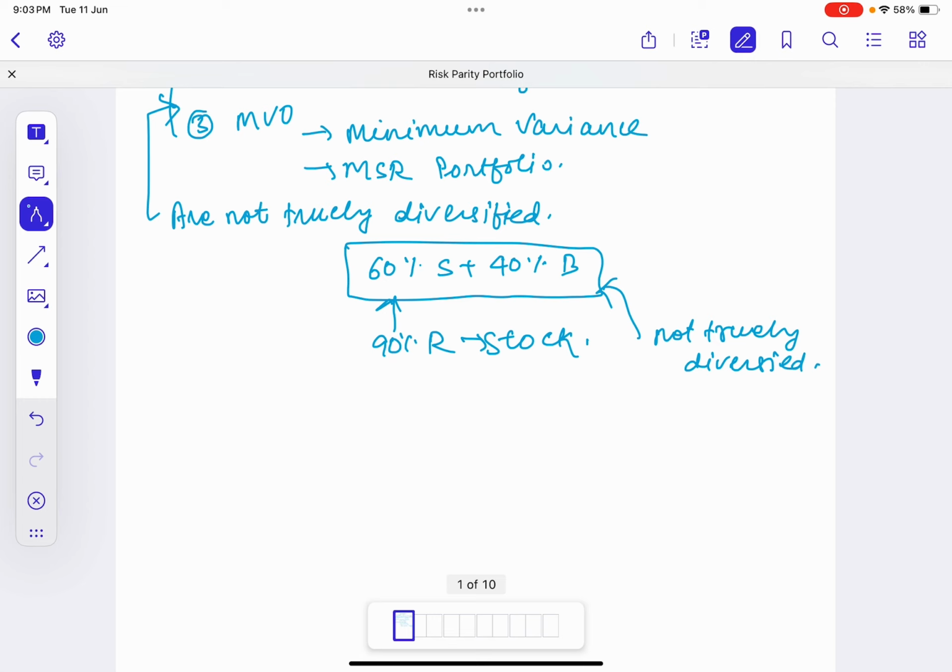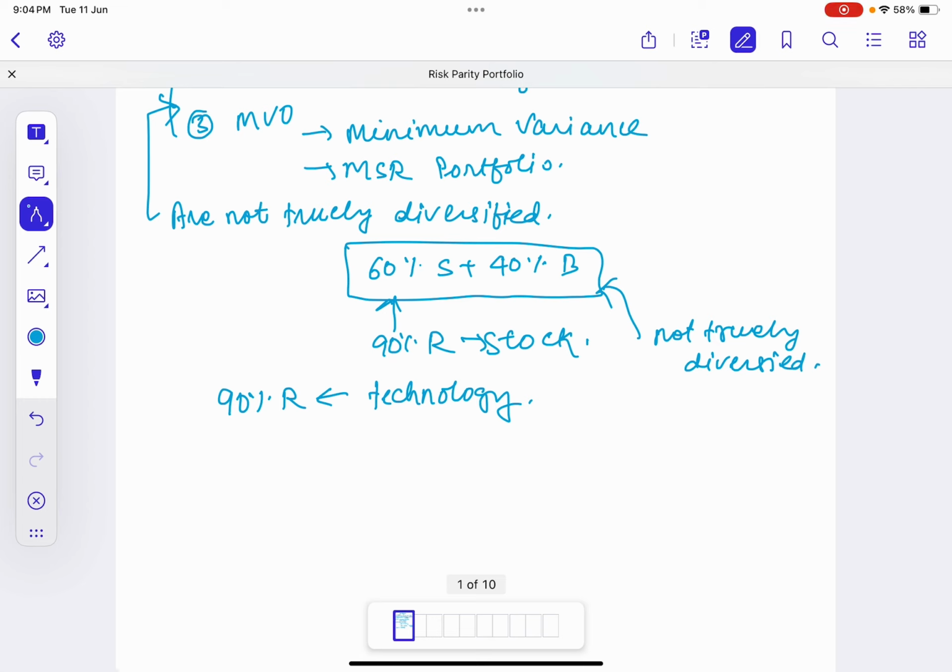Hence we want our portfolio to be truly diversified. In that case, our portfolio should have equal risk contribution from different asset types. For example, let us say 90% of the risk of the portfolio is coming from the technology sector. Now suppose suddenly there is a huge crash in the technology sector.